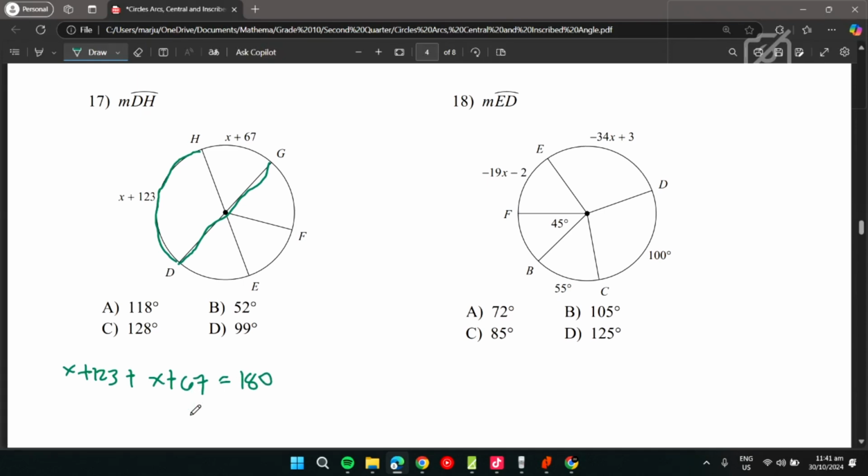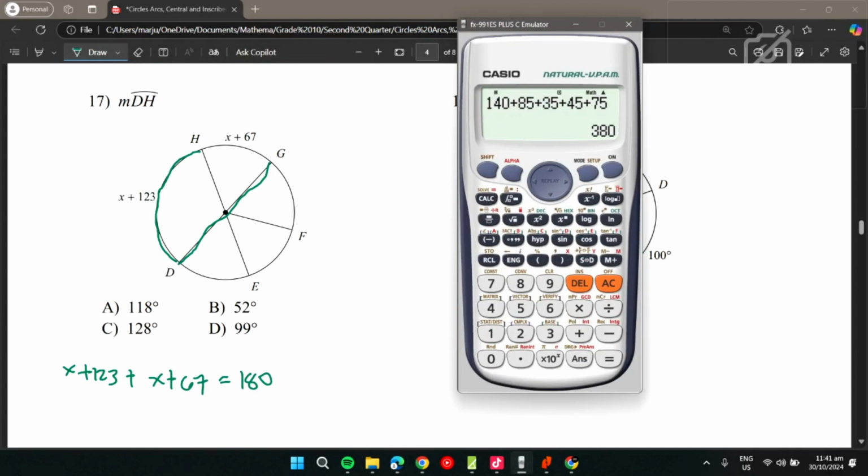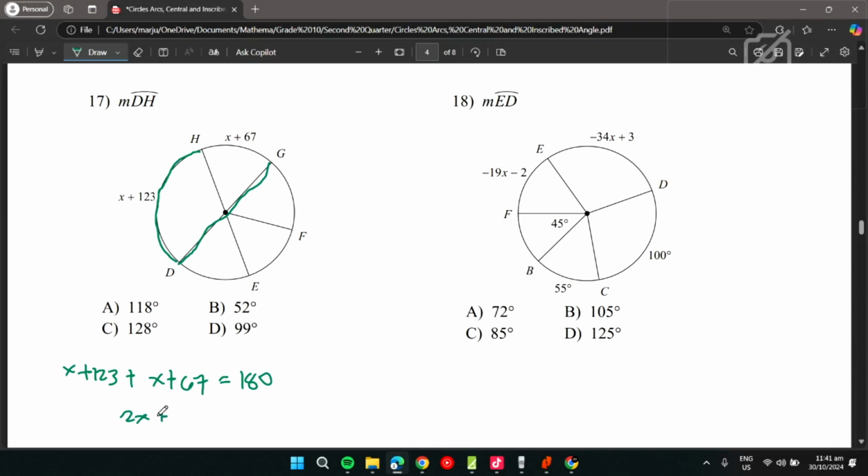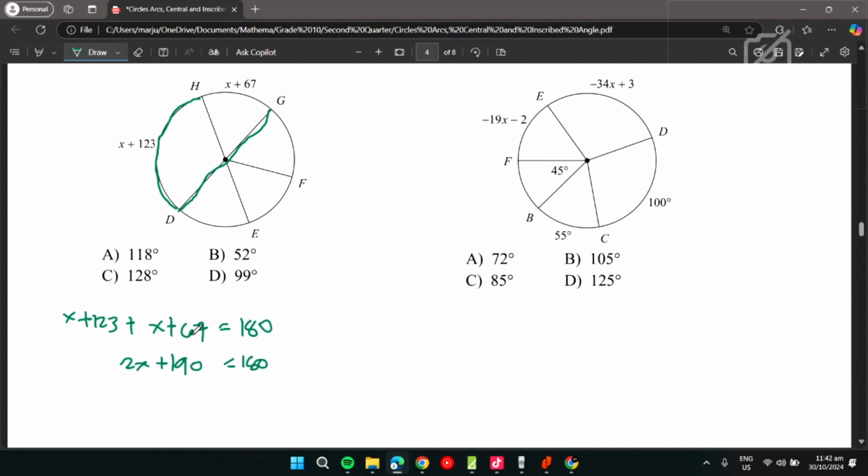So, what is this now? Let's try. 123 plus 67. That gives us 190. So, meaning to say, 2x plus 190 equals 180. And then, what will happen? 2x is equal to what?